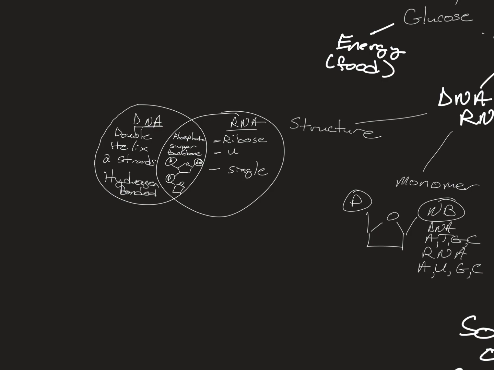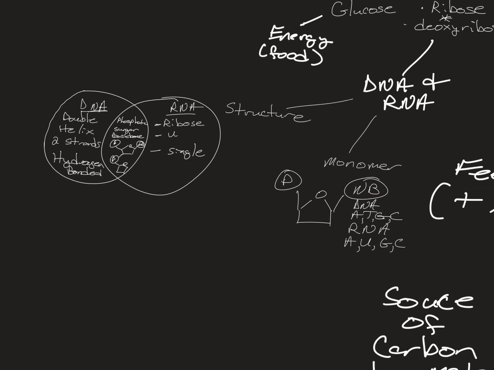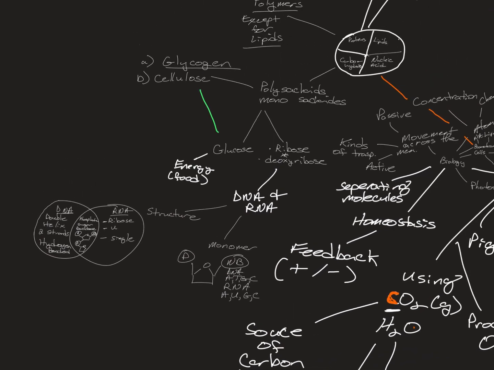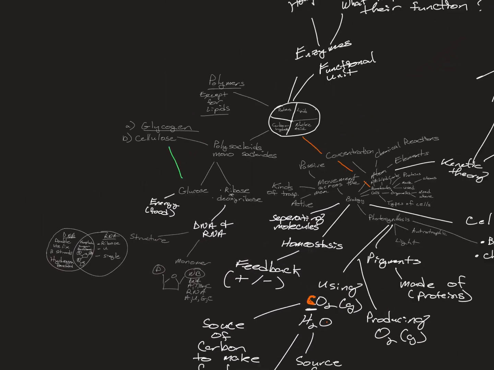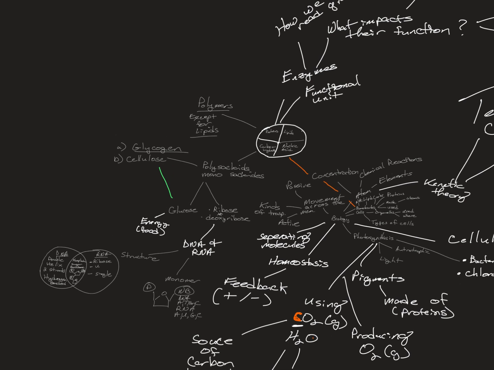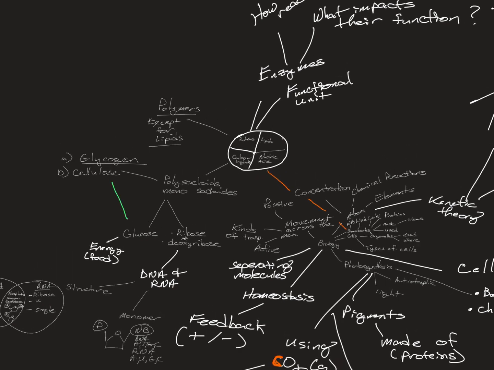But they still have sugar phosphate backbones. They still have the same monomer, so that's ribose and deoxyribose. We're going to get into that this week. Tomorrow we do transcription and translation, then DNA replication. Then we'll get into genetics. So that's the direction we're going.